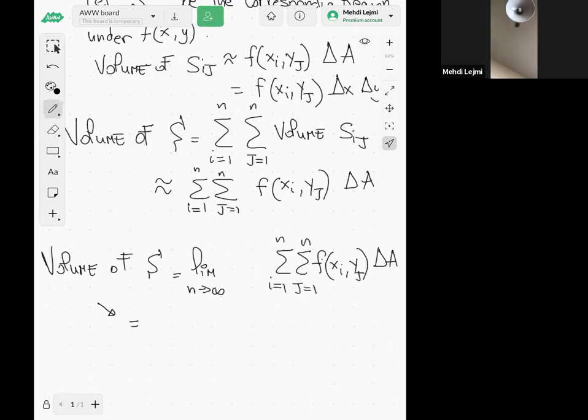And so that will be the double integral of f of xy dA. Here we integrate over the rectangle AB cross CD.